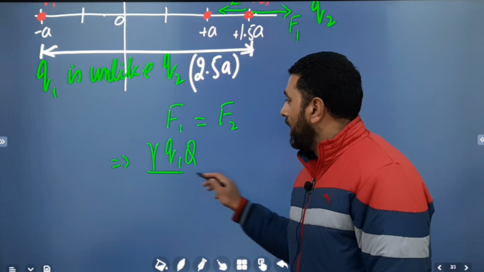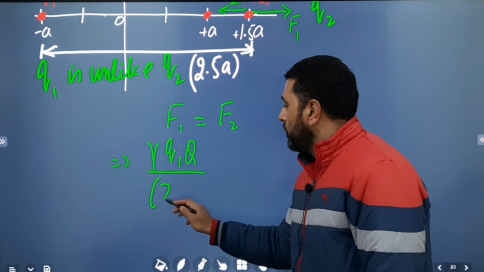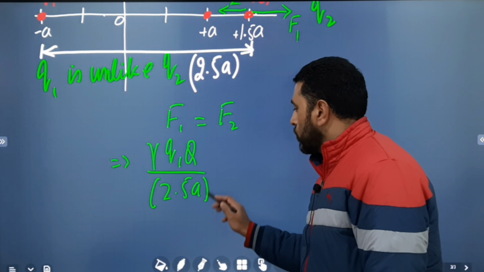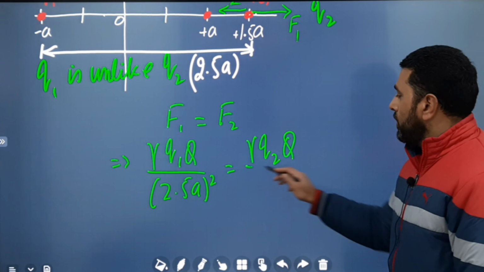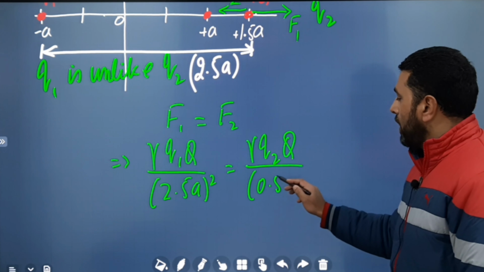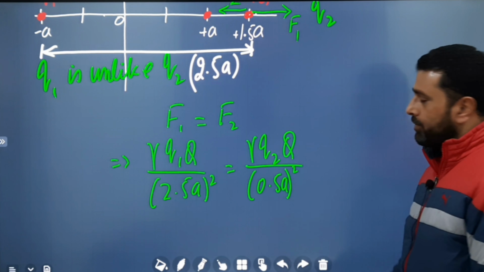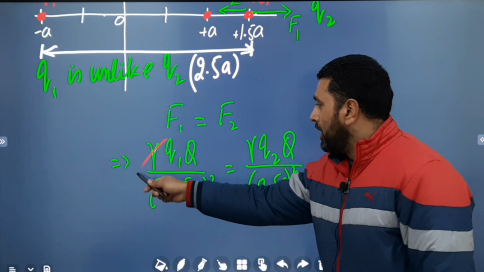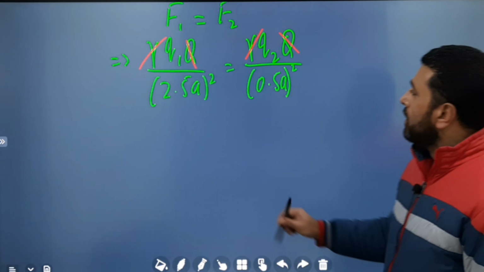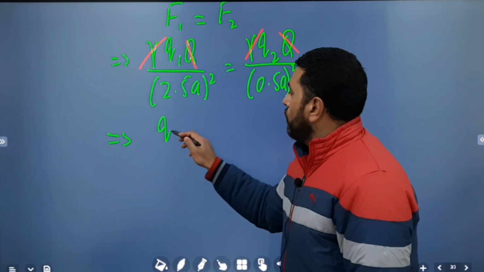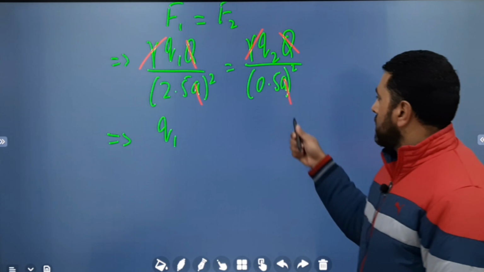Q1 capital Q divided by (2.5a) squared equals Q2 capital Q divided by (0.5a) squared. The constant k and capital Q cancel out, and a also cancels out.